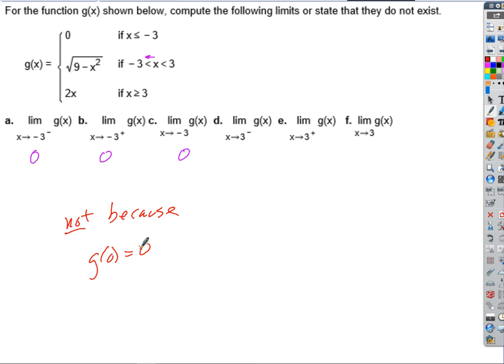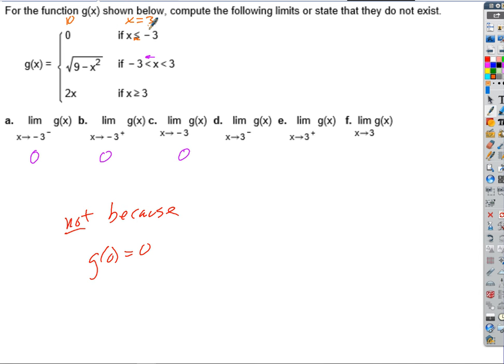That's completely irrelevant. Remember, the two-sided limit only exists if the one-sided limits exist and agree, right? We could do something crazy, like define a third part of this and say g of x is equal to 10 when x equals 3.